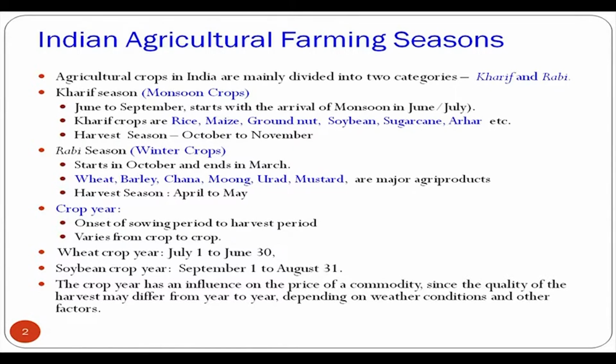And which are the predominant commodities which are farmed during this period of time? Wheat, barley, chana, moong dal, urad dal, mustard are major agri produce which are produced during this period. And the harvest season for these Rabi commodities coincides with April to May.